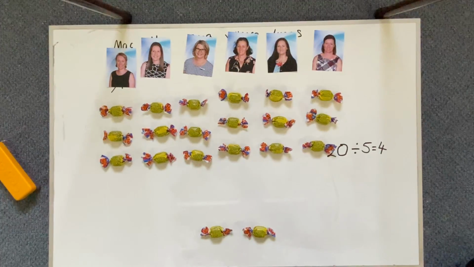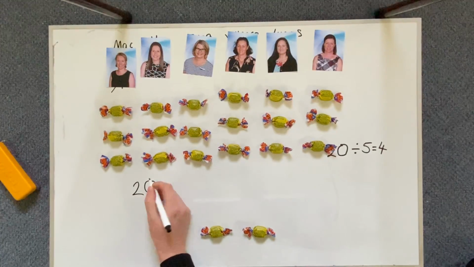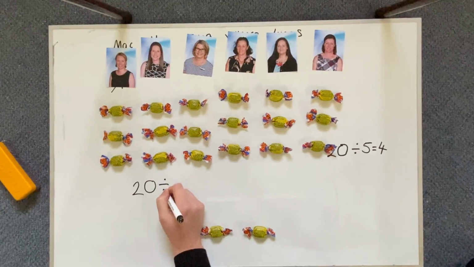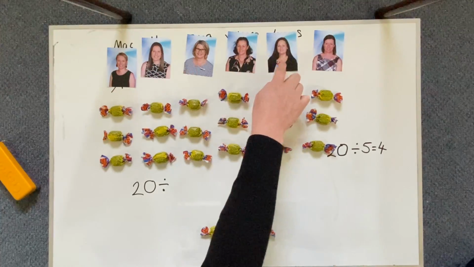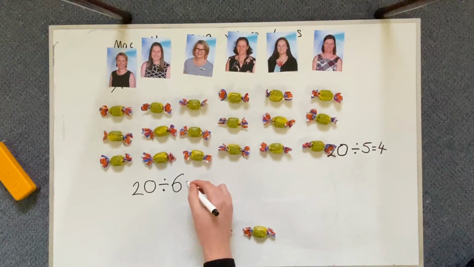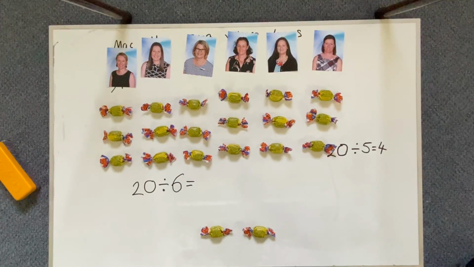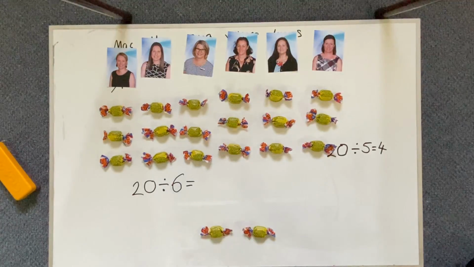So if I was going to write that out, we still have our 20 fantails and we divided them between how many teachers was there again? 1, 2, 3, 4, 5, 6 this time with Miss Belford. How many fantails does each person get? How many did we have again? 1, 2, 3.